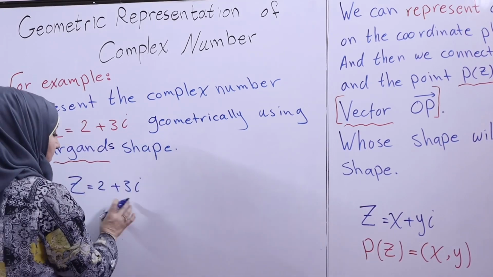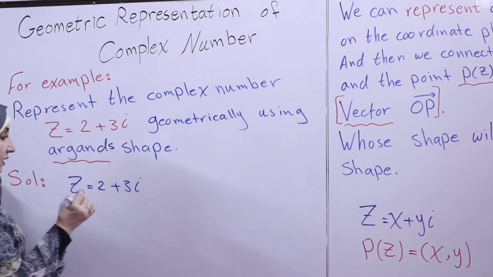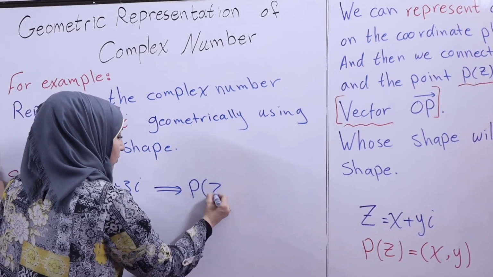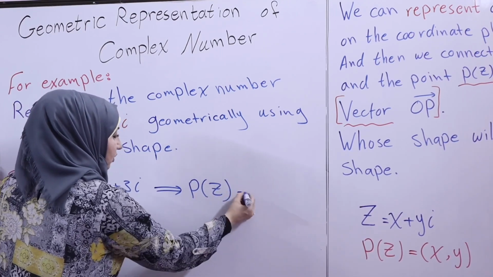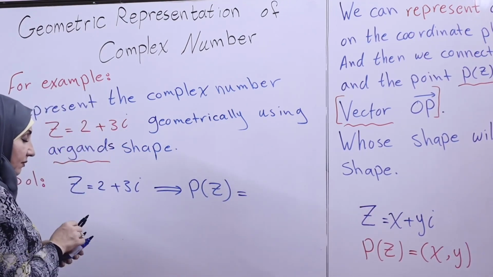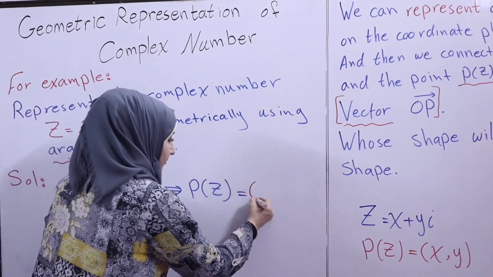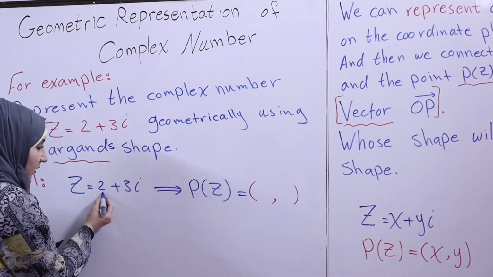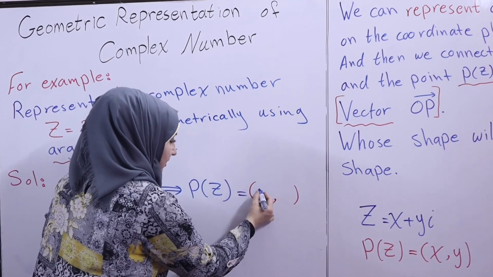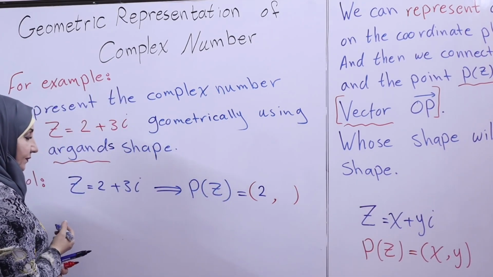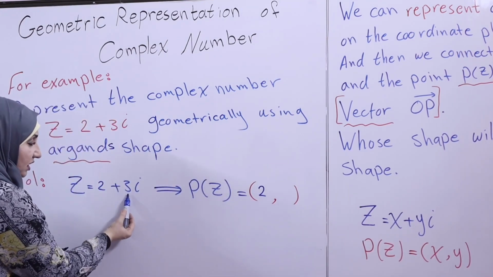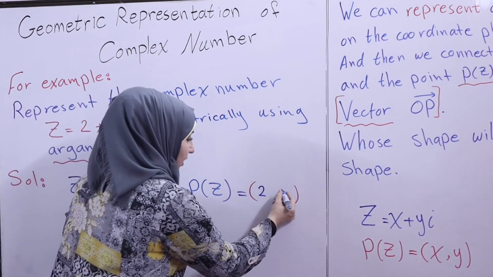We will write it by order pair. That means P of Z, the point of Z, equal the Cartesian form, is an order pair. The real part will be the x coordinate, and the imaginary part will be the y coordinate.